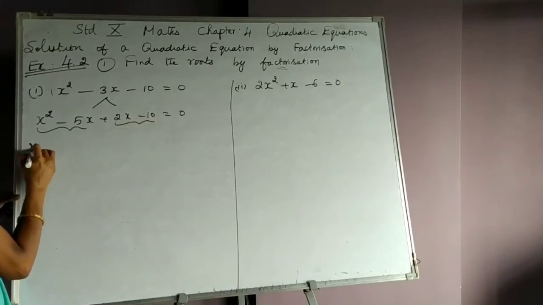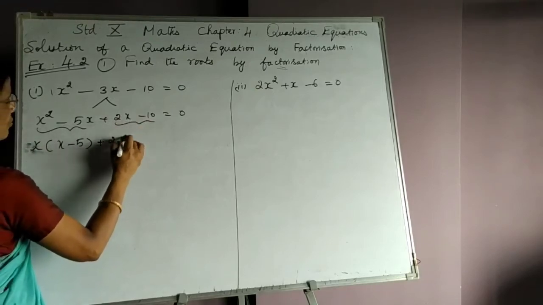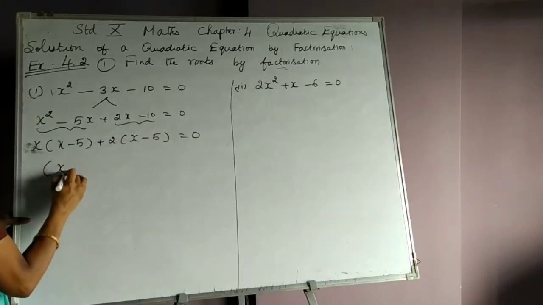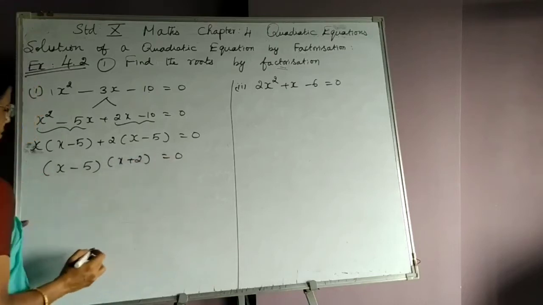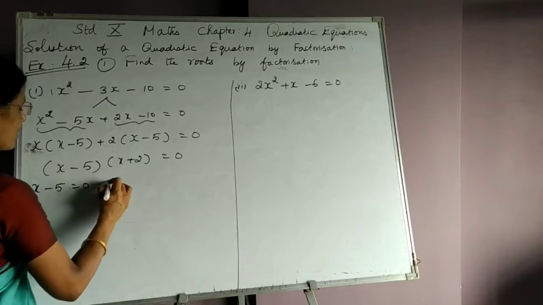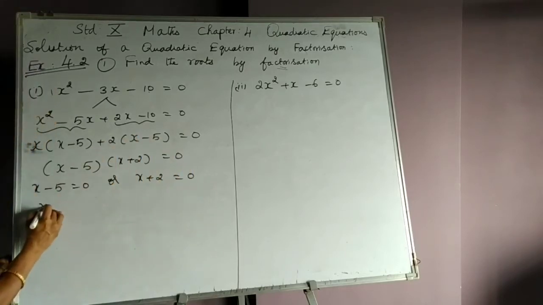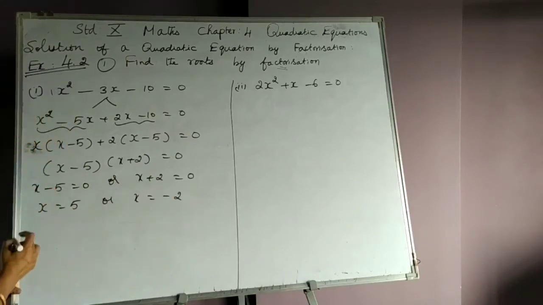Taking the common term, we get x into x minus 5. Here the common term is 2 into x minus 5 is equal to 0. The common factor is x minus 5 into x plus 2 equal to 0. Equating each factor to 0, x minus 5 equal to 0 or x plus 2 equal to 0. We get x equal to 5 or x is equal to minus 2.